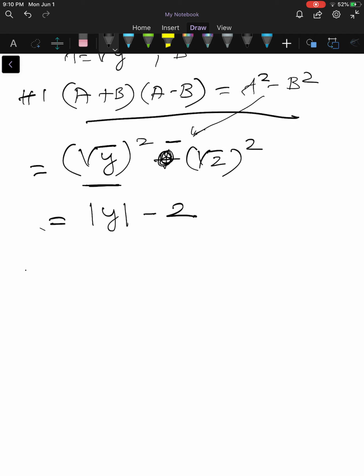Applying the formula, we get the given expression to be equal to square root of h square plus 1 the whole square minus b square, which is 1 square, that is nothing but 1. Again here we have n to be even, and applying the nth root property, we get it to be mod h square plus 1 minus 1.